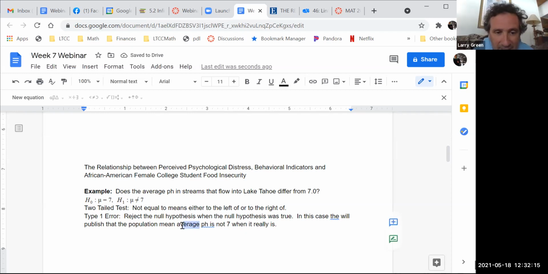So the population mean pH is not 7 when it really is. Okay, that'll cause problems. What do you think will happen in a bad way if this happens? If everyone decided that the pH is not 7, what's going to happen?